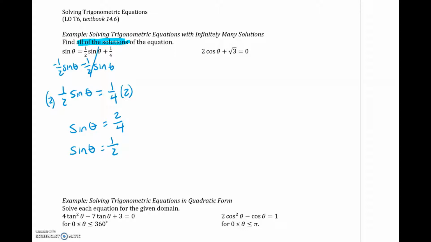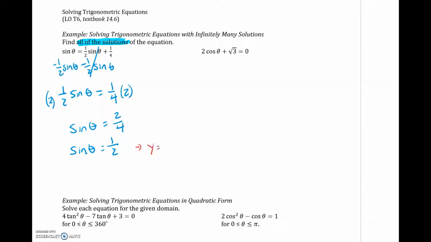And now is where we want to actually deal with the sine. We want to think, well, sine of what angle measure equals 1/2? And here's where you really have to think about, do I need to estimate this in the calculator, or do I actually know a value? What I would encourage you all to do is have your unit circles ready, because remember, sine is the y value of the unit circle.